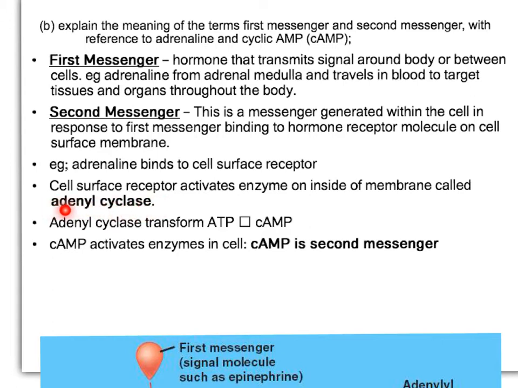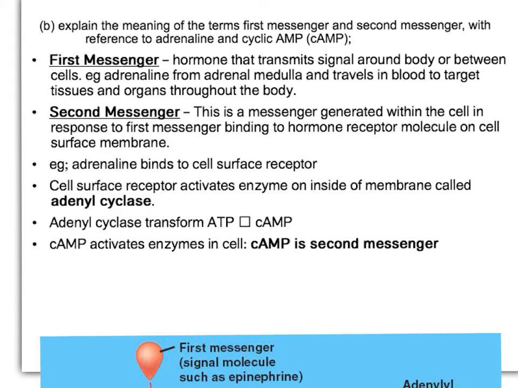You need to know the name of that, adenyl cyclase. Adenyl cyclase converts ATP in the cell into a substance called cyclic AMP, and it's that cyclic AMP that is a second messenger, and that activates enzymes within the cell which direct the metabolism of the cell. In this case, adrenaline is directing the breakdown of glycogen to form glucose, a process that we call glycogenolysis, which we'll come across in another slide.